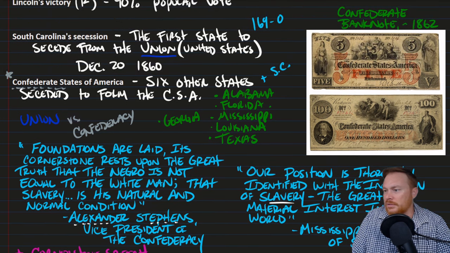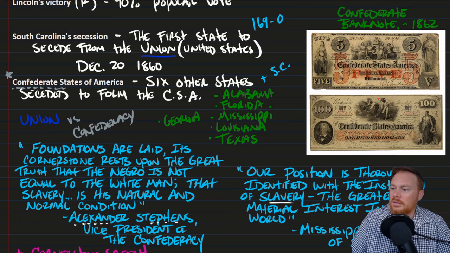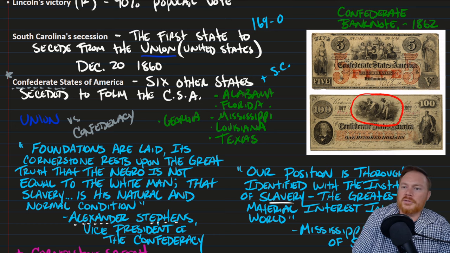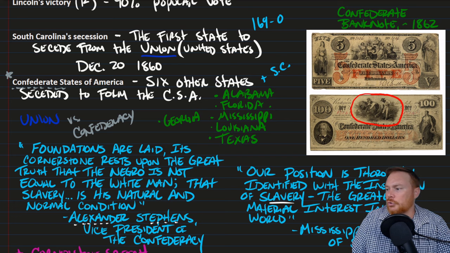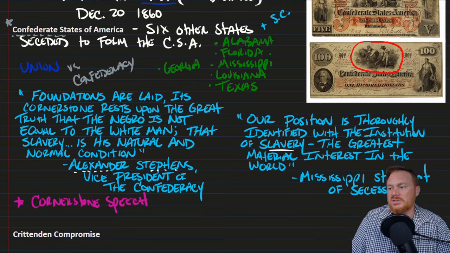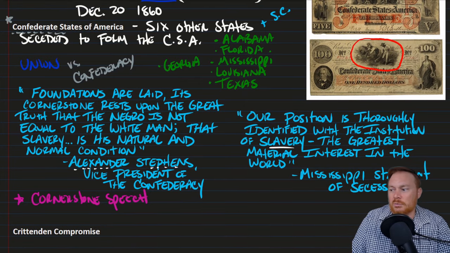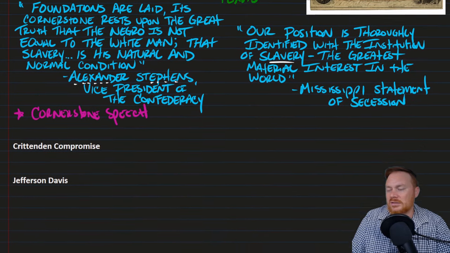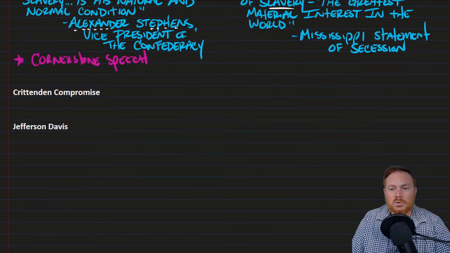And the last point is the Confederate dollar, which we can see very clearly, at least on this part here, that you have 2 enslaved individuals being portrayed here. Looking at the Confederate dollar and the inclusion of the institution of slavery being front and center, and in the speeches and the statements of secession, it was very clear for those at the time who were involved in creating the secessionist movement that slavery was, in Alexander Stephens' words, the cornerstone of the Confederacy.